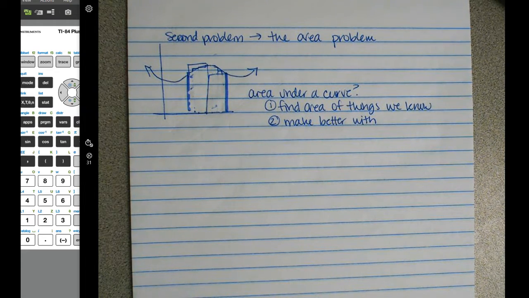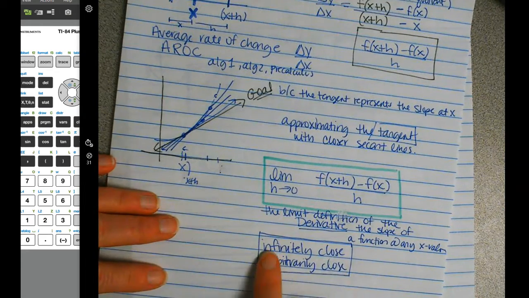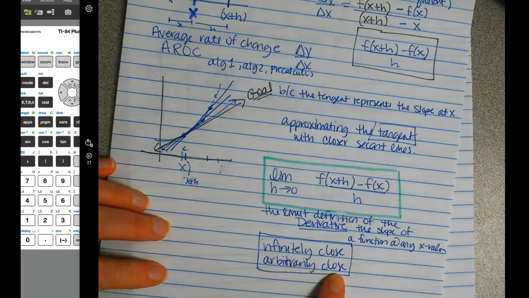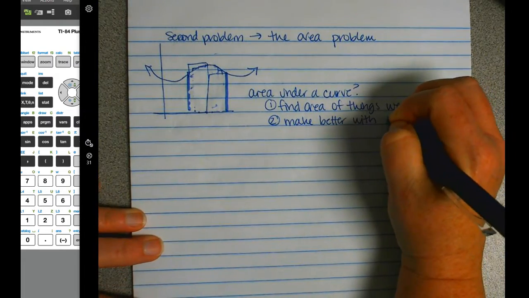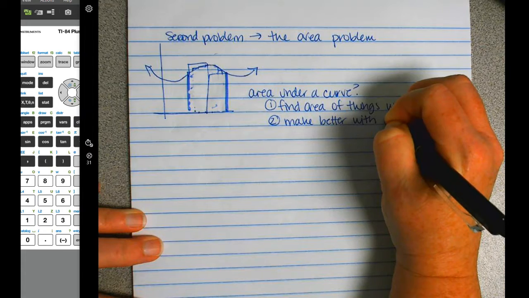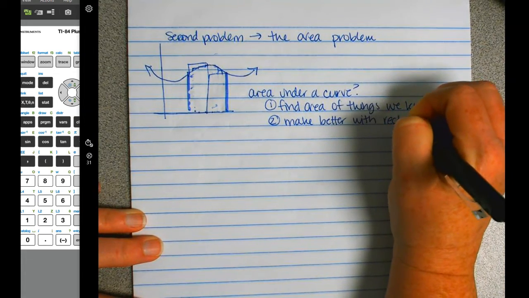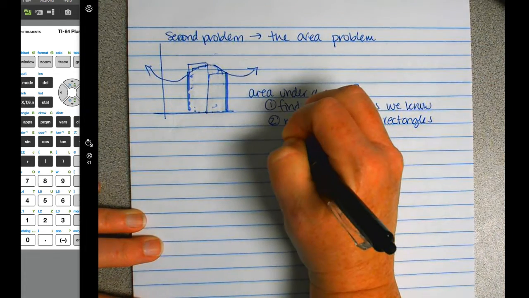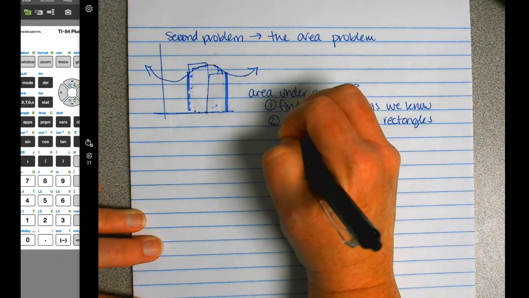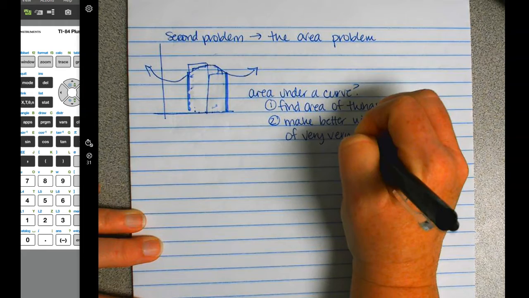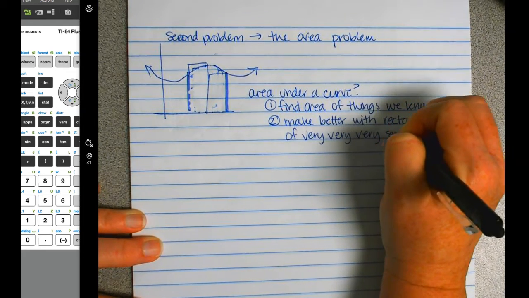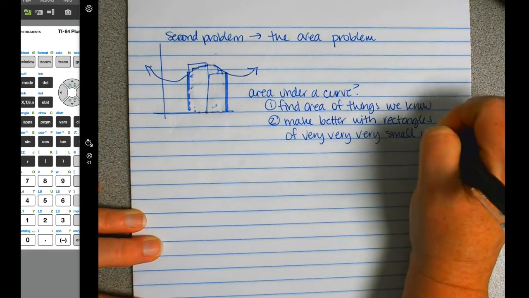So I can, just like on this one, go infinitely close or arbitrarily close. In this case, I have rectangles of very, very, very small width.